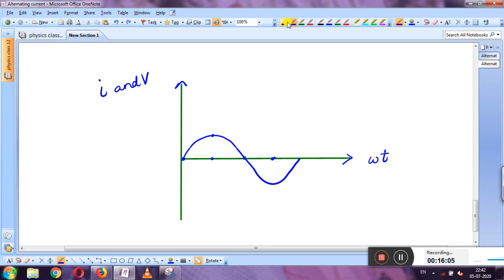Now if I draw current in the same graph where I have drawn voltage, how will it be? Will it be like I have drawn in the case of the resistive circuit? The answer is no, because for those two graphs there is no phase change. But in the case of I and V for an inductive circuit, we have seen that there was a phase change.